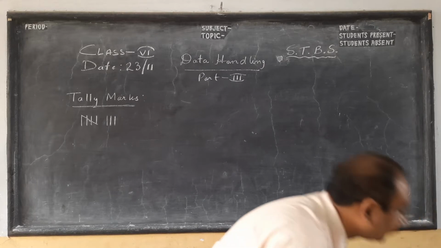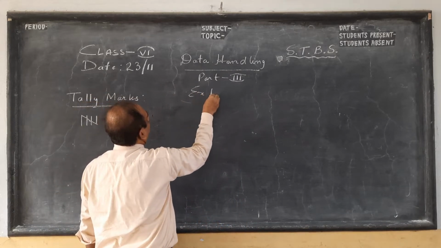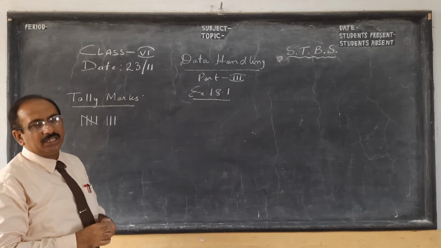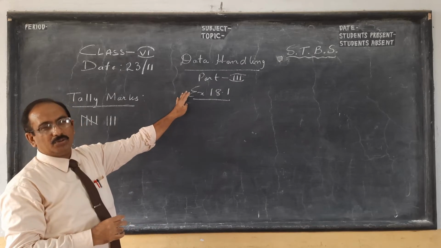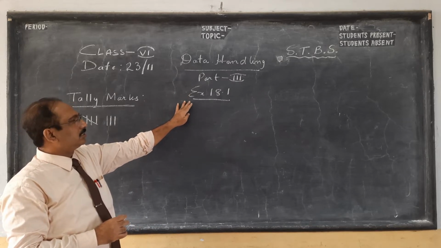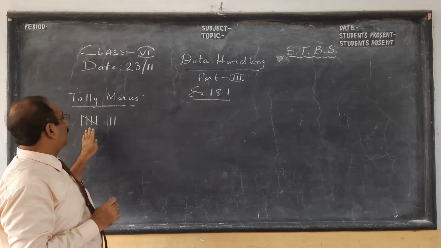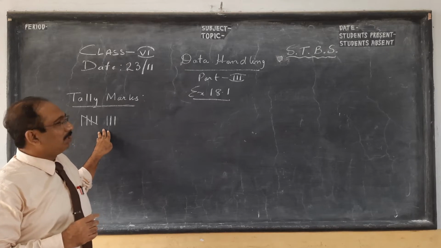But here in part 3 I start with an easy thing, 18.1. If you want to see what is mean and median, that is the hardest part. I have already made part 1 and part 2 videos. You can see that, and it goes to higher classes also. Today we will learn something very important, the basic tally mark.